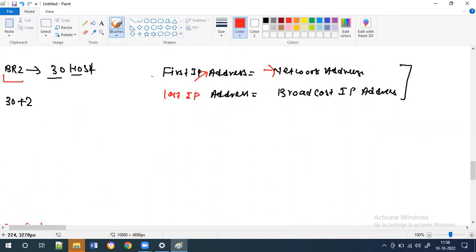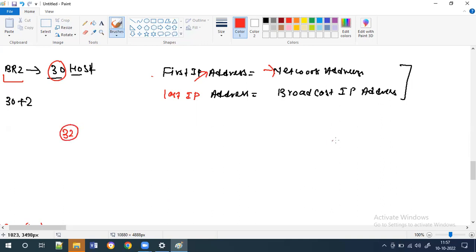That is branch 2, and at branch 2 I have a total of 30. We have to add 2 to get the actual IP addresses. Why? Because the first IP address is the network address and the last is the broadcast IP address. These 2 IP addresses cannot be assigned anywhere, right? So in total we need 32.